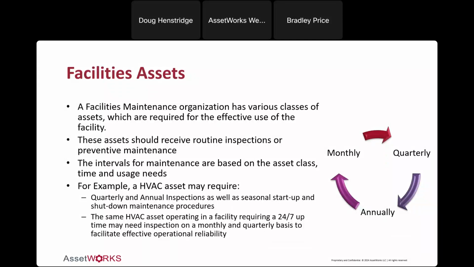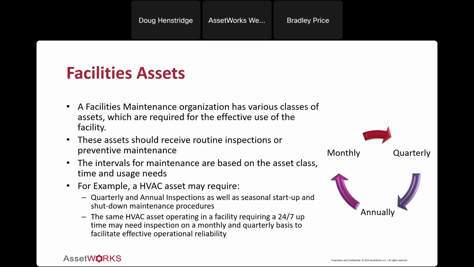The other thing we often see, and many of you may experience, and I'm going to use HVAC assets as an example, is that you may have a piece of HVAC equipment that in one environment gets one schedule, but in a different environment gets another schedule. For example, an air handling unit or a heating unit may get a monthly check, a quarterly filter change, an annual full inspection, or a seasonal full inspection.